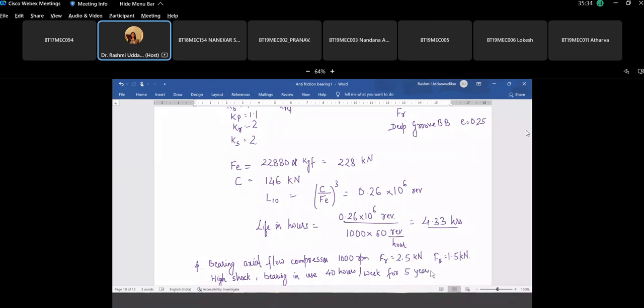This is giving us its life. Select a suitable bearing.